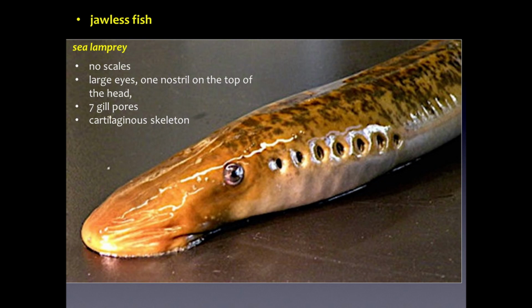The other difference here is it has a skeleton made up of cartilage. Just because it has a cartilage skeleton doesn't mean we throw it in with the cartilaginous fish, such as sharks. It remains within the jawless fish category because it has no jaw, and you can kind of see the flat bottom part of its sucking mouth at its head there.